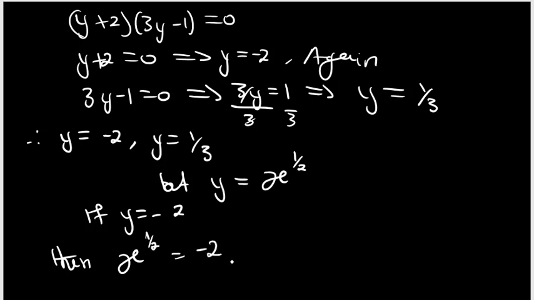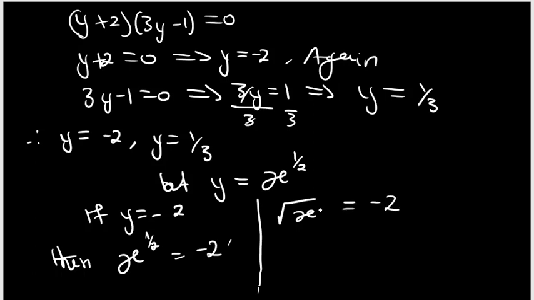Now from this equation, how do we solve for x? We are having x exponent 1 over 2 is equal to negative 2. If we want to solve for x, or if we want to make sure that x stands alone, then what we are going to do here, we have to square both sides. The reason is x exponent 1 over 2 is the same as square root of x, and that is equal to negative 2.